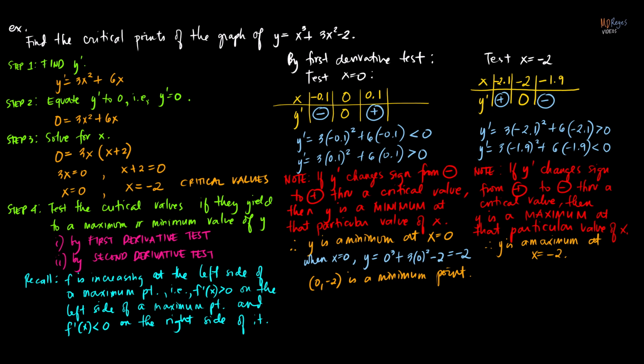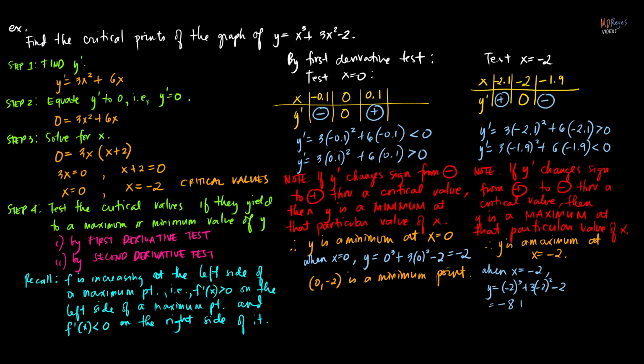Now we don't just want the maximum value of y at x equals negative 2. We want to have the maximum point because we are looking for the critical points here. So we want the y-coordinate of the maximum point whenever the x-coordinate is negative 2. What is the value of y whenever x is equal to -2? Let's look at the original function again. So y is equal to x cubed, so that's -2 cubed plus 3 times -2 squared minus 2. What is the value of y here?